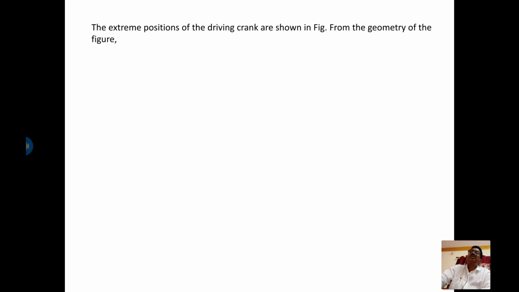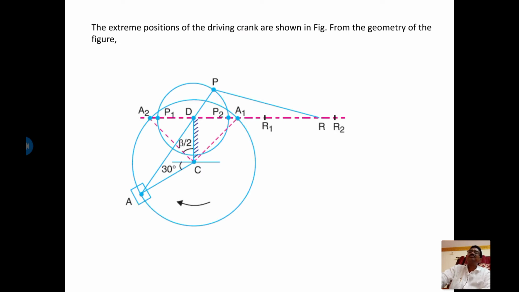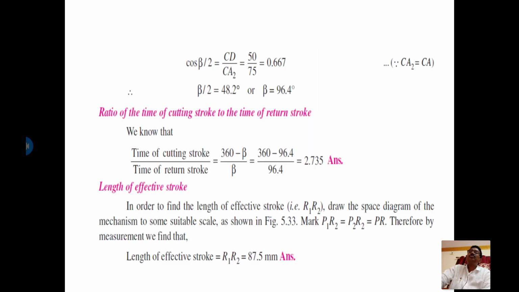Now the extreme positions of the driving crank are shown in the figure from the geometry. So like this. Okay, from this we are calculating beta by 2. So cos(beta by 2) is CD by CA from the figure. So that is 50 by 75, that is 0.6667, or beta by 2 is 48.2 degrees, or beta is 96.4 degrees.